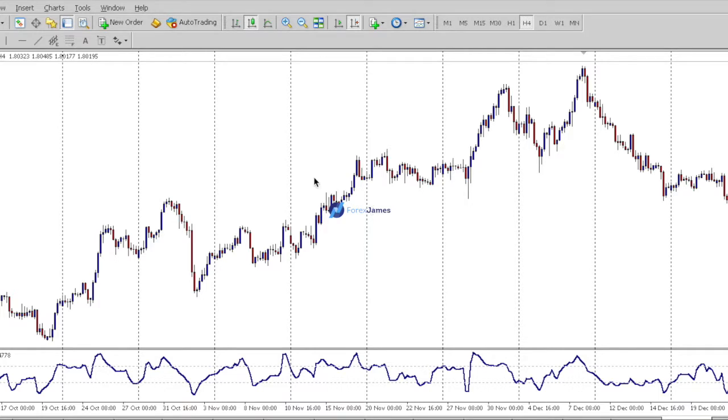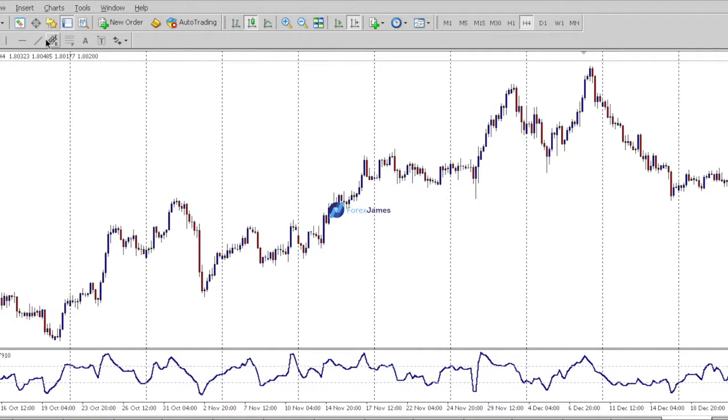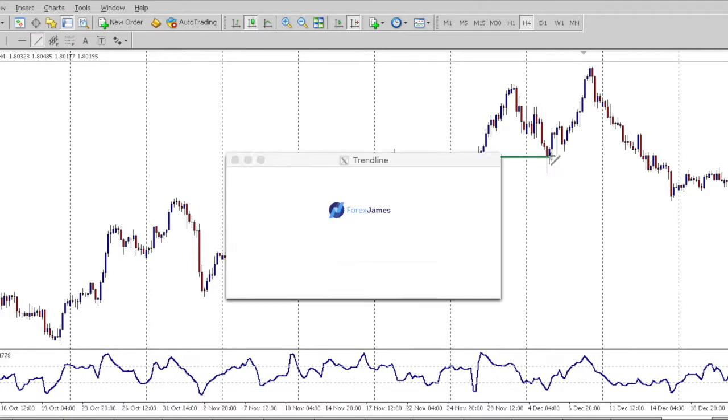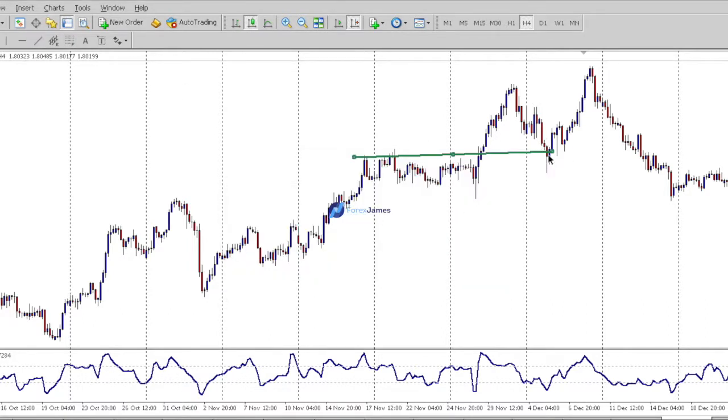Here's another example on the Pound Aussie on the H4. This wasn't one of my trades. I did not get into this trade, but let's talk about this candle here.